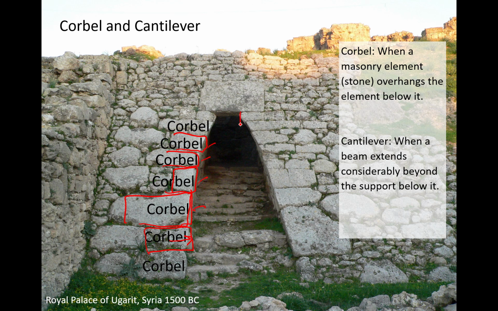If you look at this, you could say, well, okay, that was the original idea if they were rectangular stones. Each piece is overhanging or pushing out above the one below it. In this case, they actually shaved or shaped the stones to have this smooth curve shape.